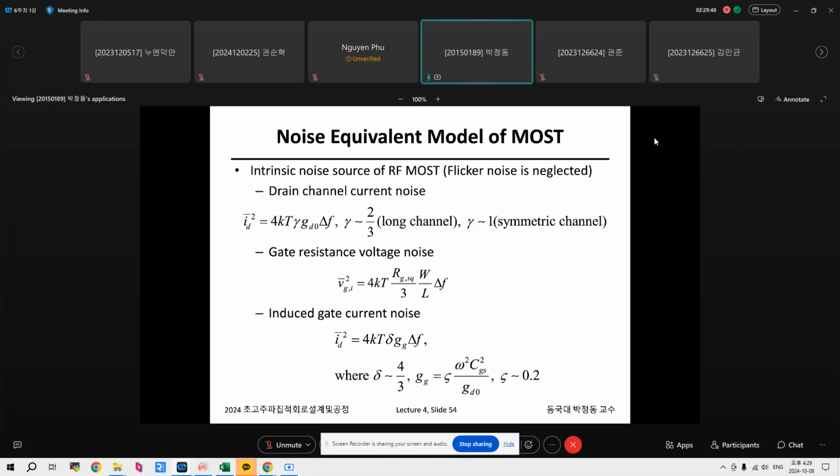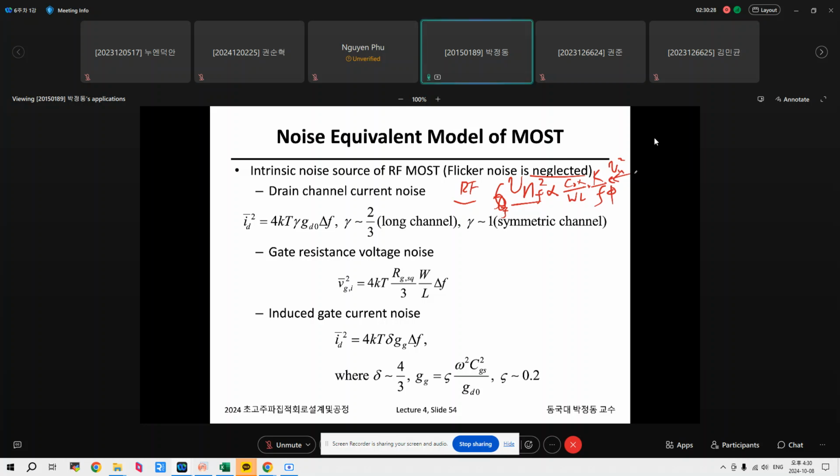For RF application, flicker noise is typically neglected. Why is that? For flicker noise, Vn is proportional to 1 over W L Cox and 1 over f. As the frequency goes higher, this is negligible and much smaller than thermal noise.